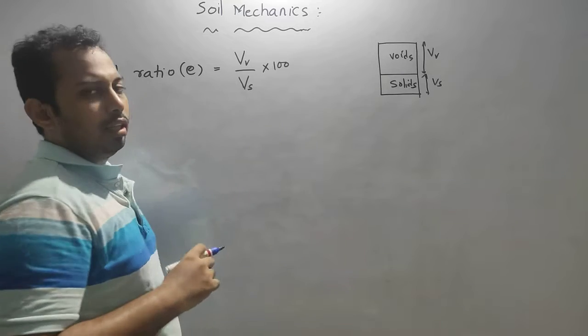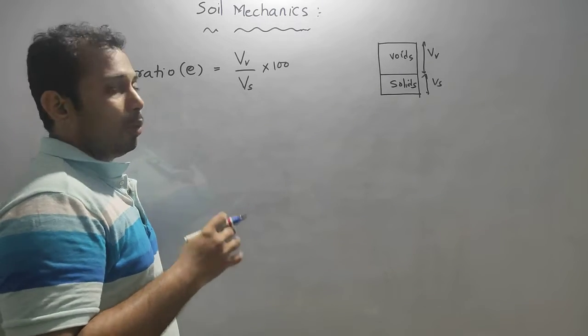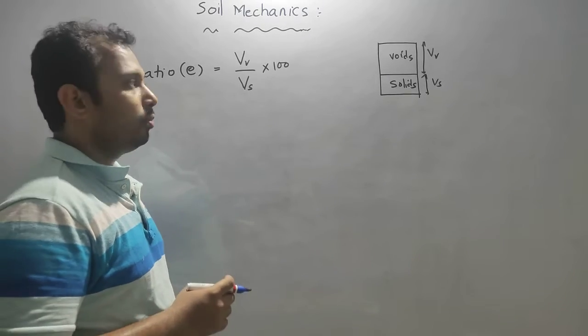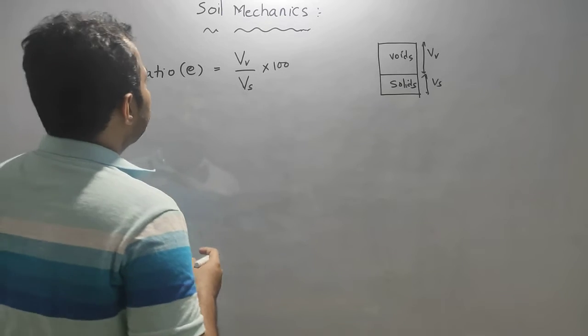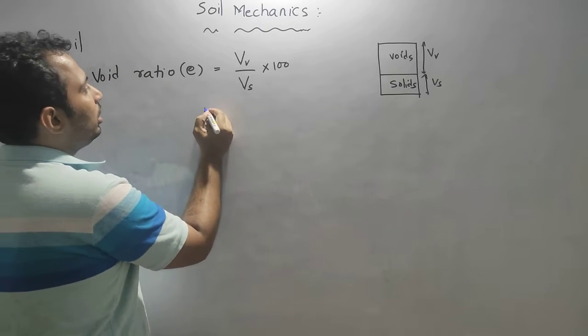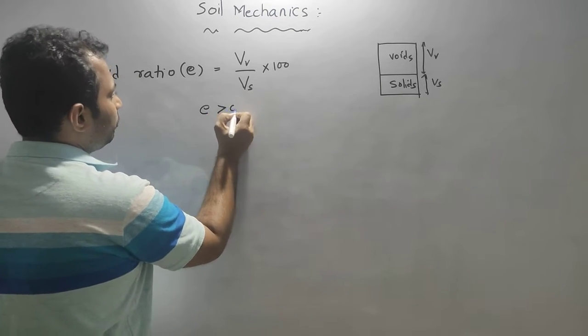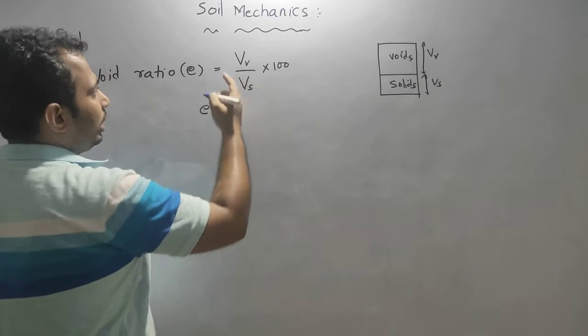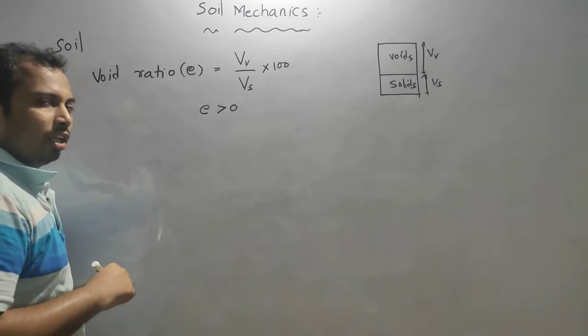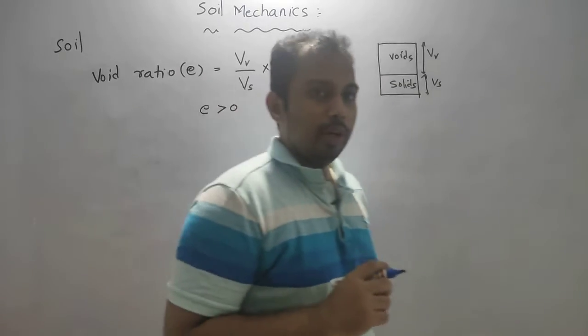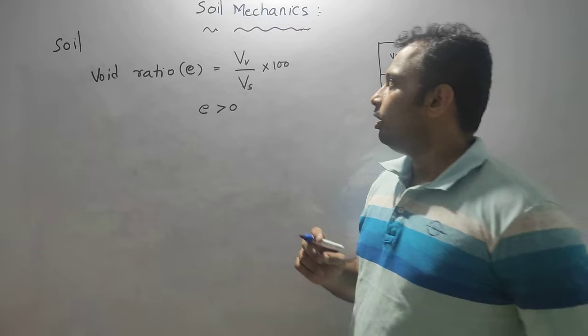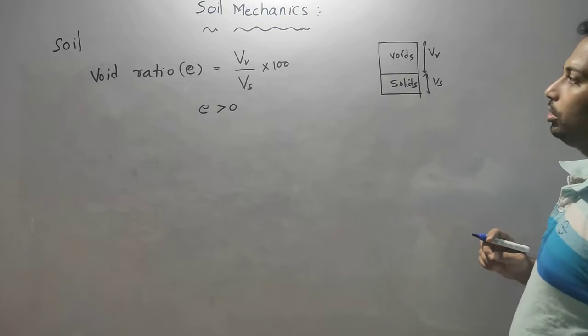Now here, what is the other thing we need to understand? What are the limits of this void ratio? Generally e is greater than 0, because can void ratio become 0? Is there any soil in which the void ratio is 0?